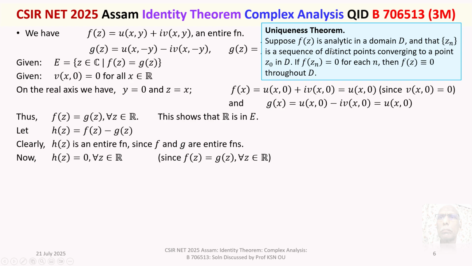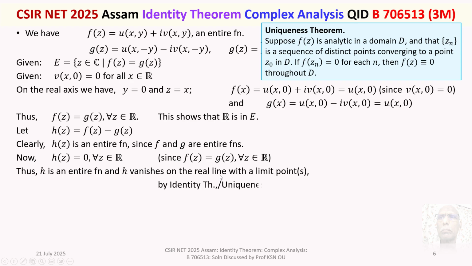That means now h is an entire function. h vanishes on the whole of the real line with limit points, because every point on the real axis is a limit point of the real line.